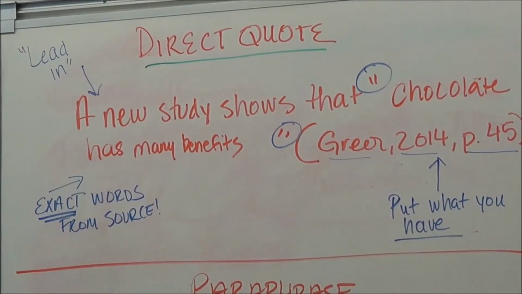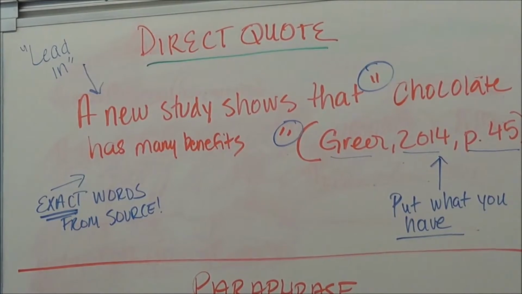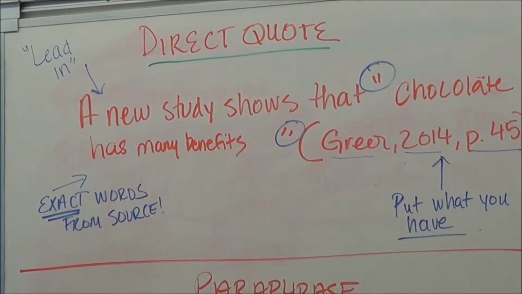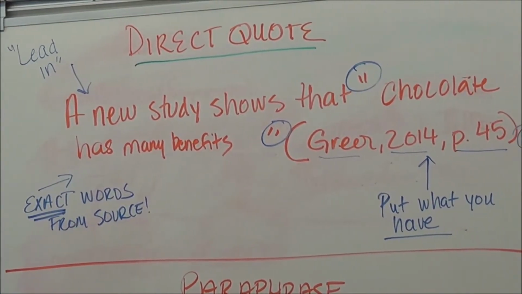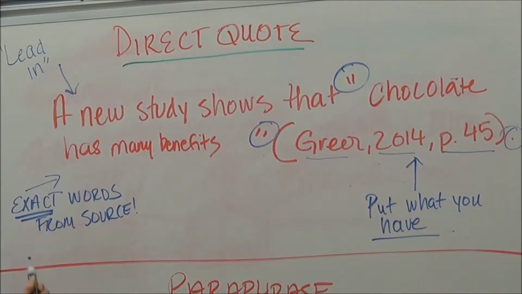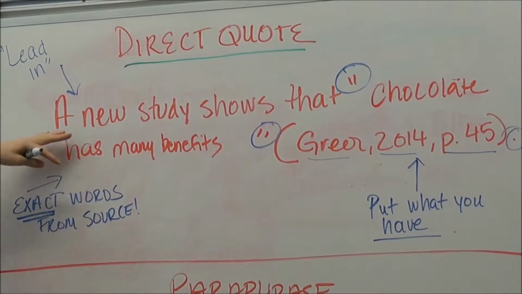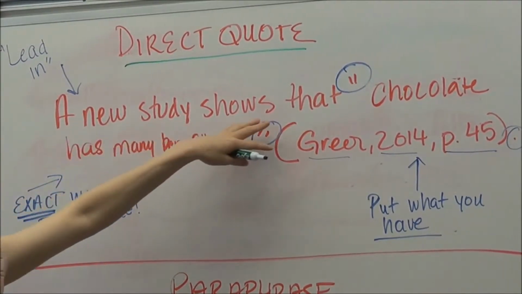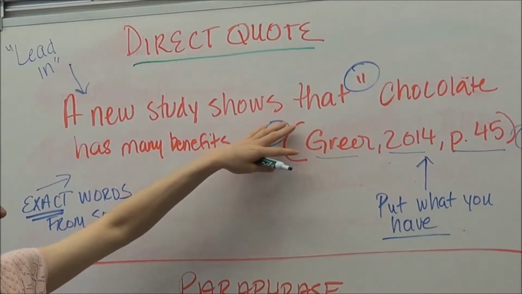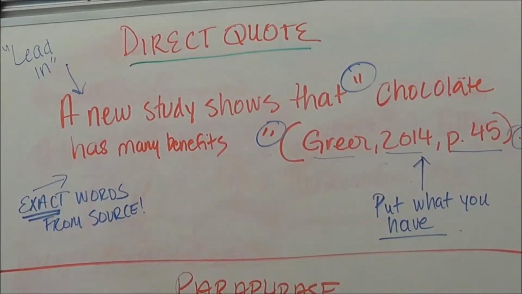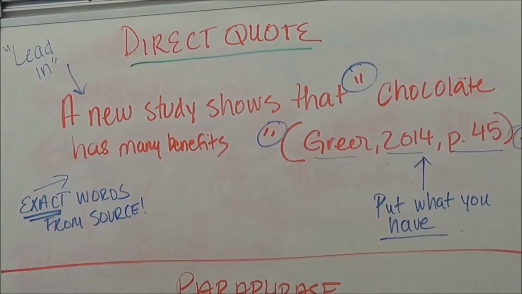So, if here I'm saying that a new study shows that chocolate has many benefits, okay? I'm going to lead in to the quote with my own words saying that there was a new study that showed this information, okay? So I set the sentence up.